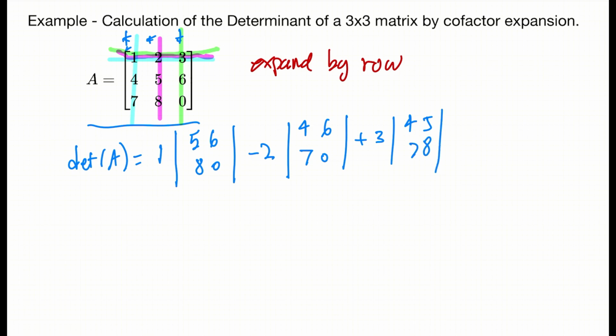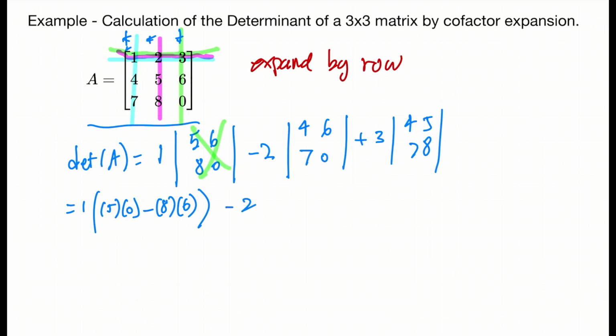So now we have got three 2x2 determinants to evaluate. We can do that. So 1 times, and we're going to use our cross multiplication here: 1 times 5 times 0 minus 8 times 6.